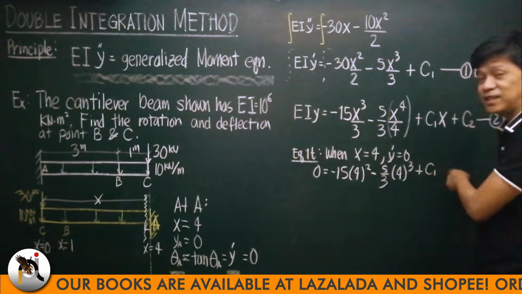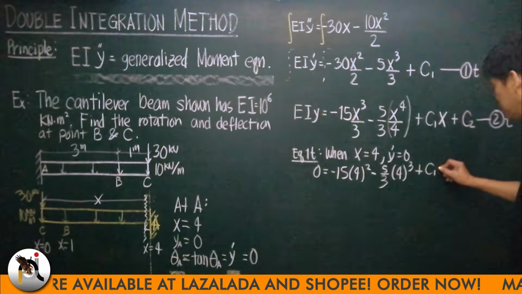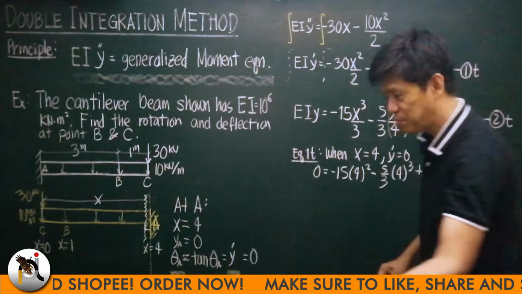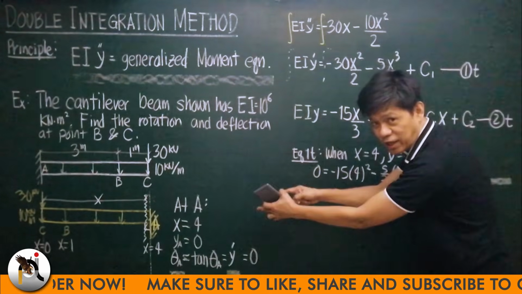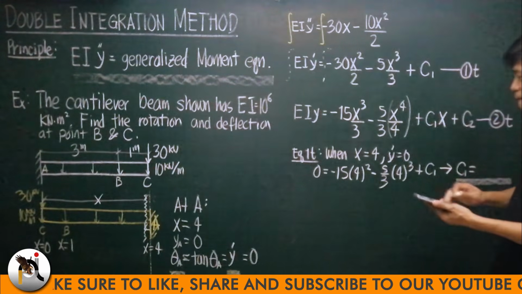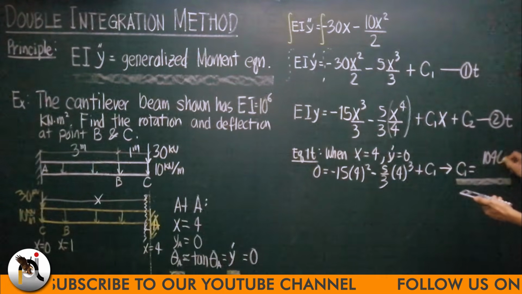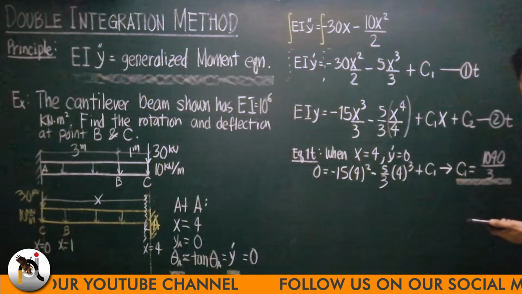This will give us the value of C1. Solving, let me compute. Move this to the left, so you'll get positive. So C1 is 1040 over 3, right?